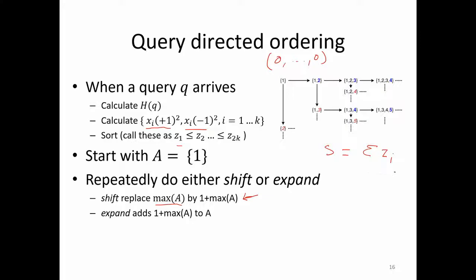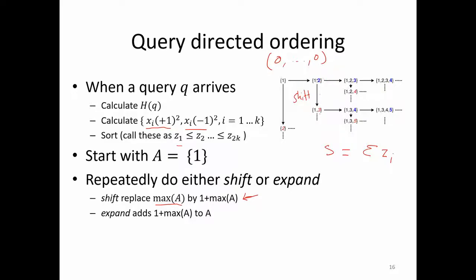Shift basically replaces the maximum of the already selected Zi with the current Zi. In this diagram you can see that this is a shift operation, and vertical arrows are shift operations. Here you have selected 3, and you are replacing this 2, which is the max, with 3.